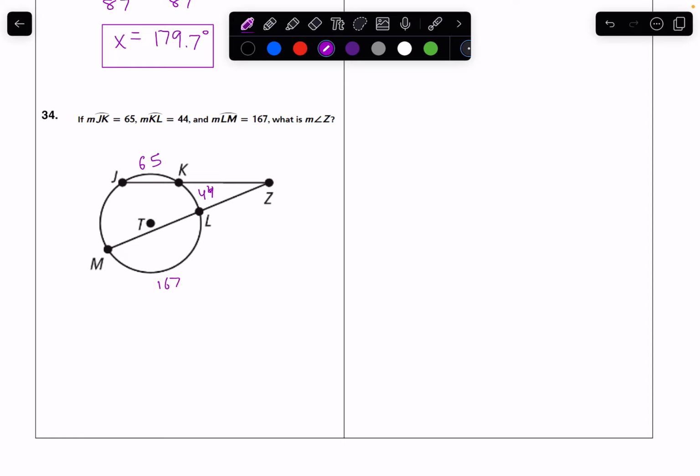So 360 minus 65 minus 44 minus 167. It's going to give us an 84-degree arc over here. And then that is a secant angle, so half the difference of the arcs. 84 minus 44 is 40. Half of 40 is 20. So the measure of angle Z is 20 degrees.